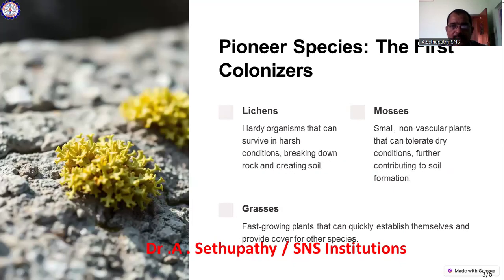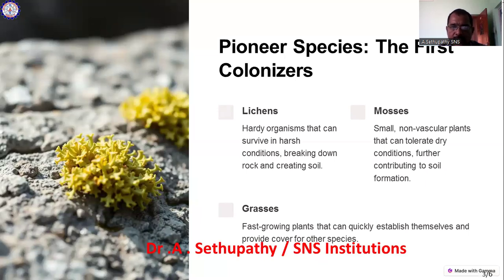Now the pioneer species, the first colonizers. Lichens are the first colonizers, hardy organisms that can survive in harsh conditions, breaking down rock and creating soil. Then mosses, small non-vascular plants that can tolerate dry conditions, further contributing to soil formation.